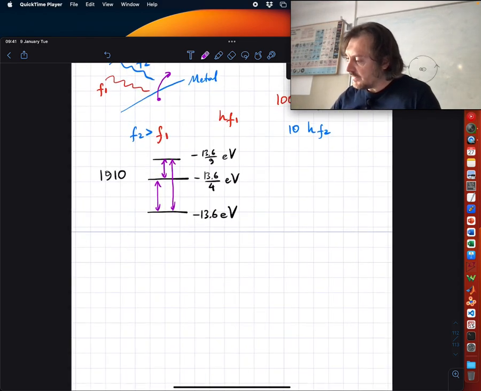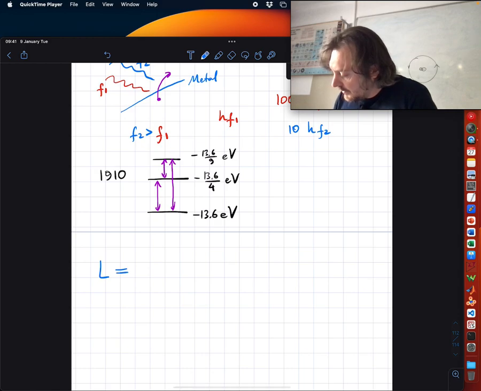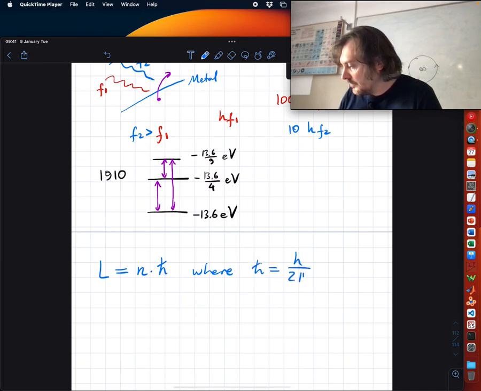So Bohr tells us that for everything to fit the experiment, we just have to accept that the angular momentum of an electron is quantized, and it's n times h bar, where h bar is h over 2 pi.